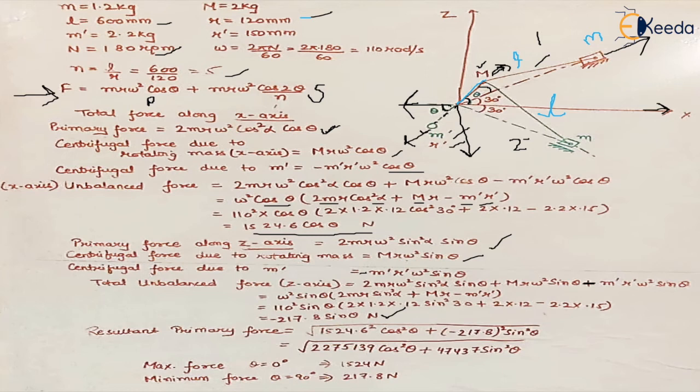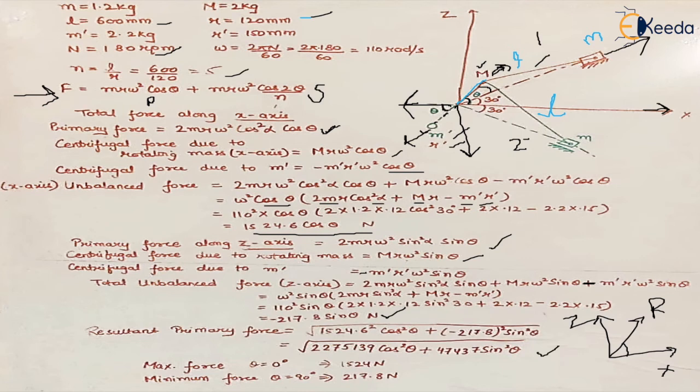So the resultant primary force will be the resultant of the forces along the x-axis and the z-axis. So under root of this horizontal component plus the vertical component, it will give us the resultant, and this angle is the theta along which the resultant is acting, the beta along which the resultant is acting. So this is the value of the resultant primary force that we get.